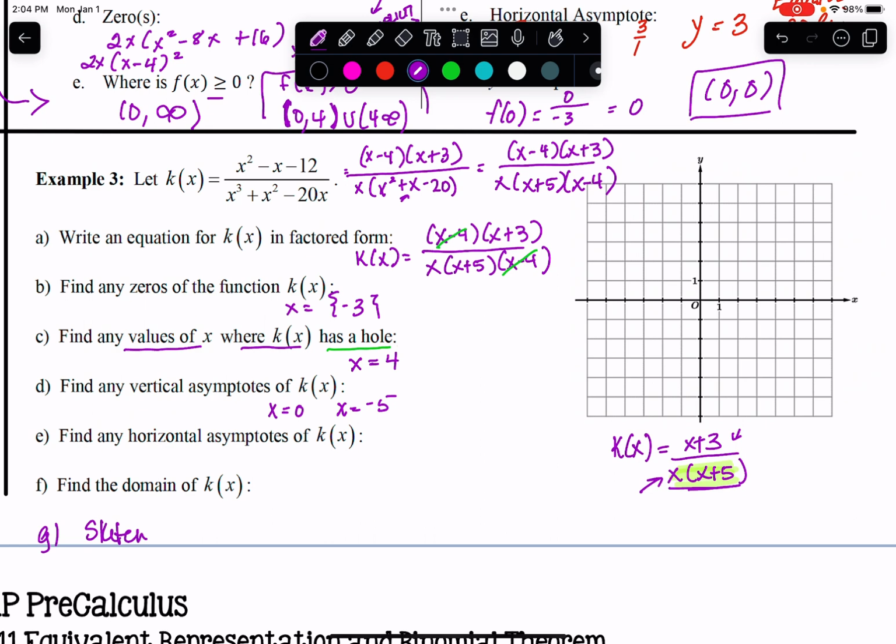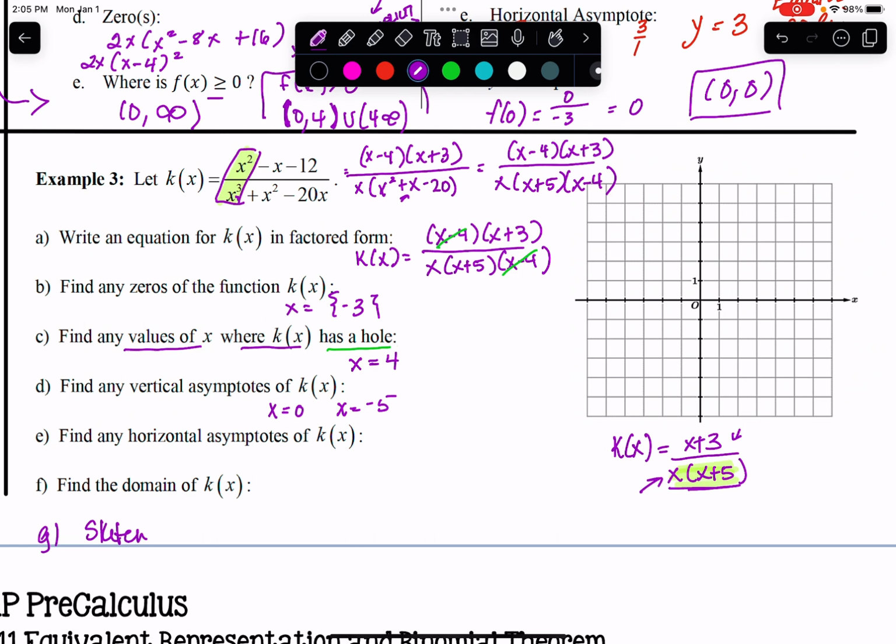Find any horizontal asymptotes. Okay, actually, this is going to be nicer to see from the general form up here, which helps me more with the horizontal. I have a degree on the bottom 1 larger than the degree on the top. The numerator has a degree 1 less than the denominator.